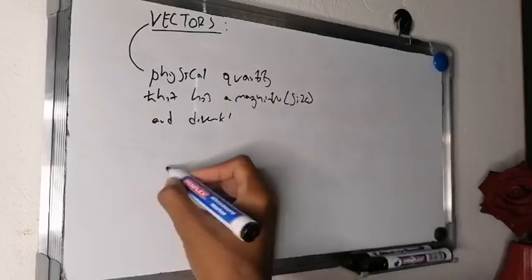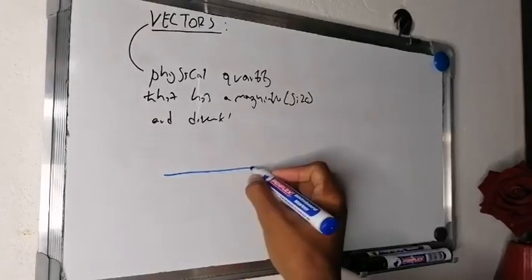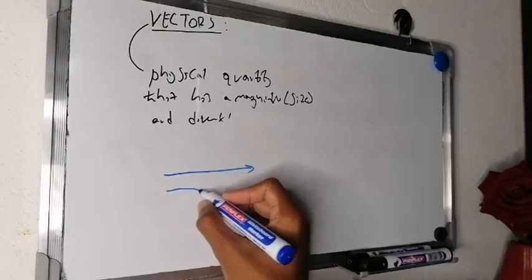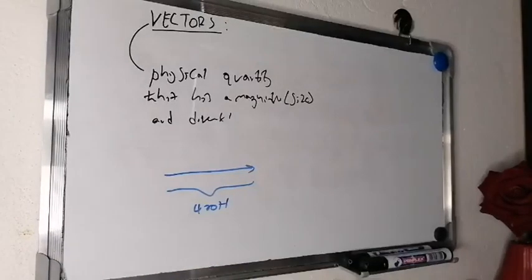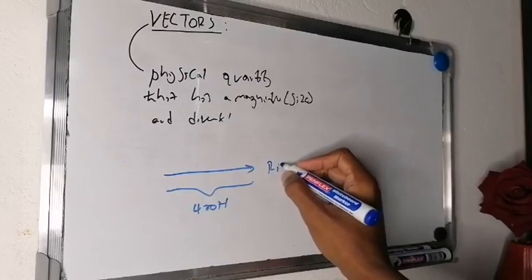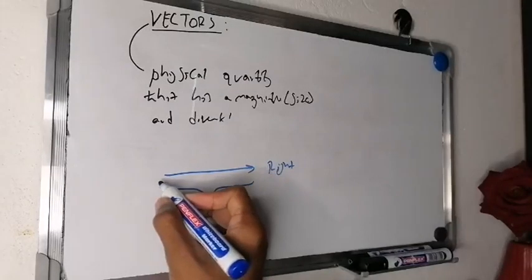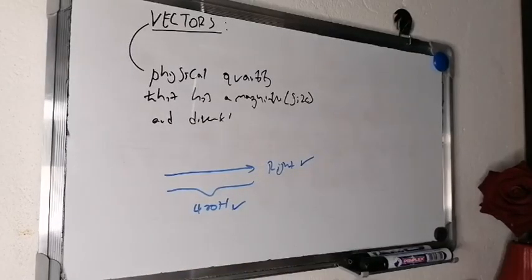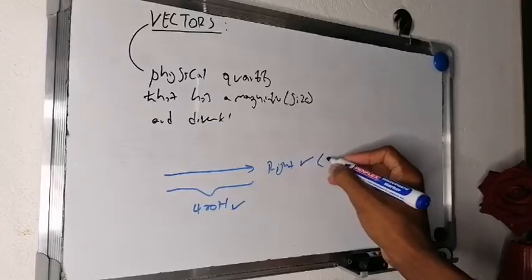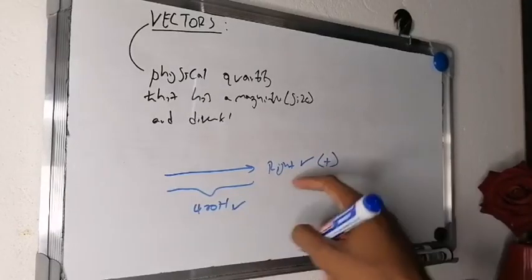Magnitude means a size, and then the direction. For an example, we can have a vector going in this direction, with a size of 400 Newton. As you can see, it's going to the right. So a vector is a quantity that has a direction and a magnitude, meaning the size. Whenever it's going to the right, it will take the positive sign.